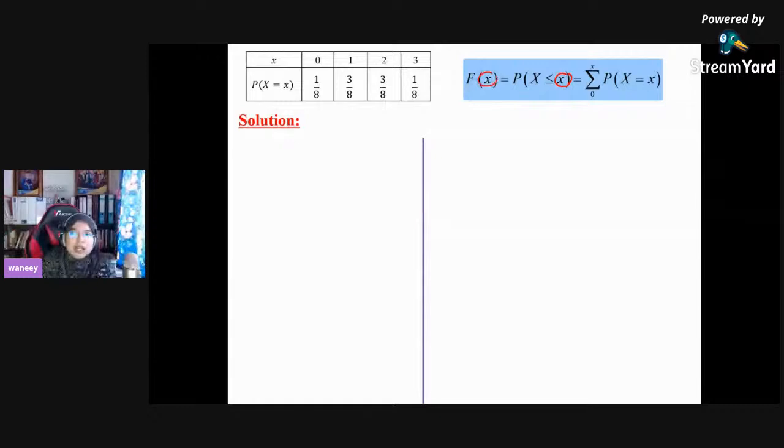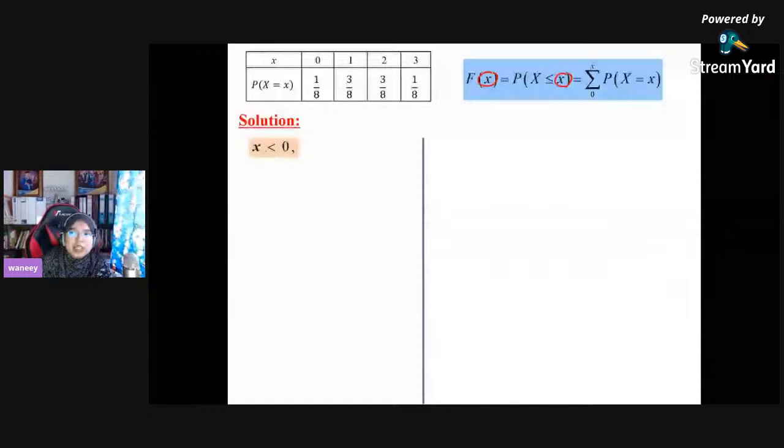That means I'm going to add everything until I reach x. So for example, for x less than 0, the first number I see is 0 over here. So if x is less than 0, then the cumulative is simply equal to 0 because we haven't reached x equal to 0.